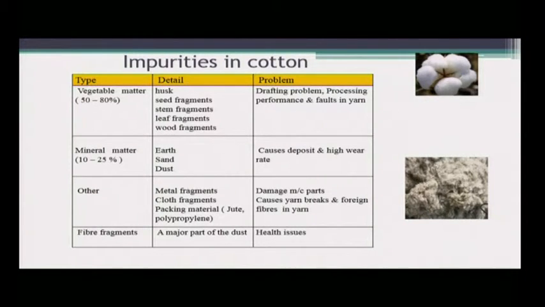The other thing is fiber fragments, that is fibrous dust. They lead to health issues. So these are the types of impurities which are there, and the problems are also mentioned here.